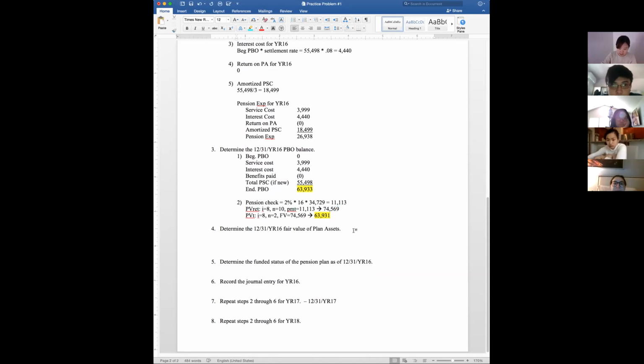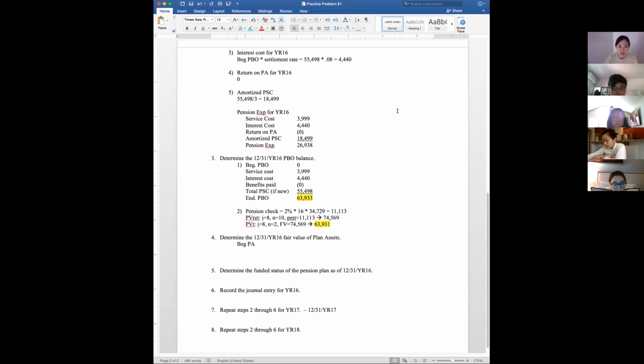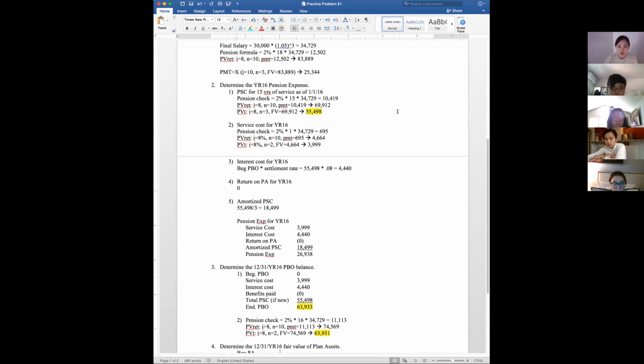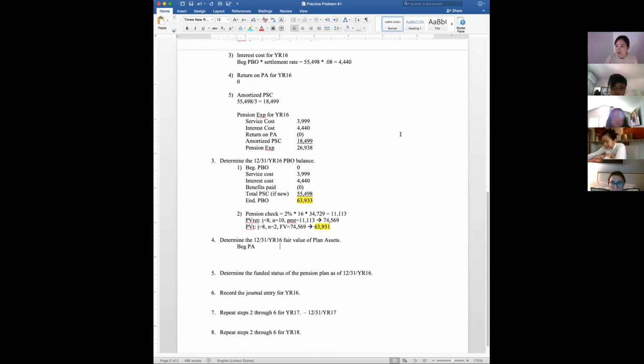So we will follow that. Beginning plan asset, since they will start saving, how much was it? They will start saving $25,344 at the end of year 16. At the beginning of year 16, the balance is 0.